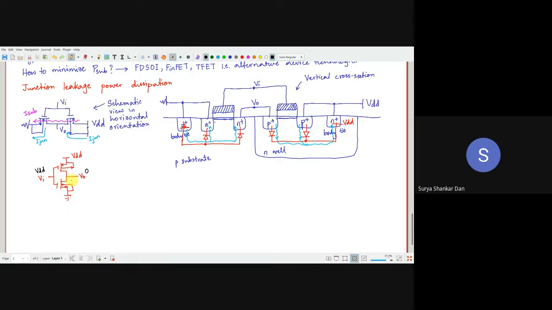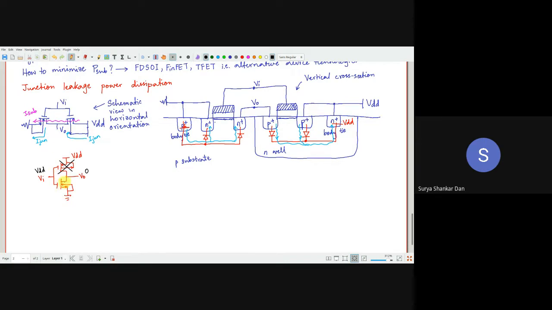There is no concept of switching. Then the current which each of these transistors will be conducting is basically what? Look, this is VDD and this is VDD. So what is the VSG of the PMOS? 0. Okay. So if VSG is 0, you will assume, in larger technology nodes, there is no subthreshold current.